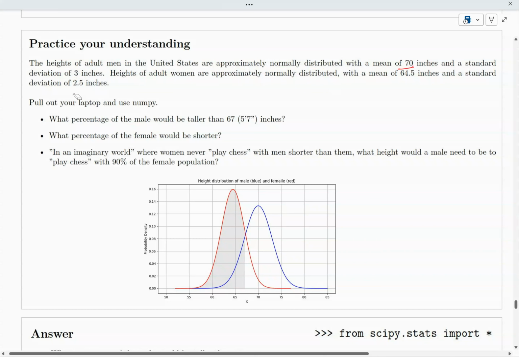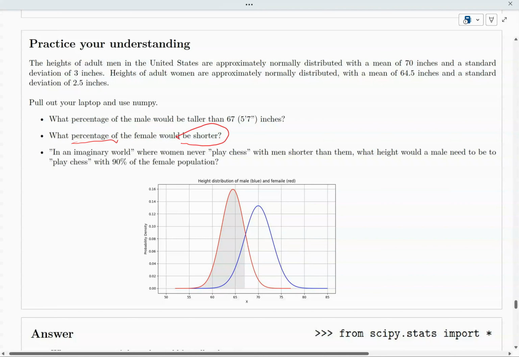An average female is 64.5 inches with a standard deviation of 2.5. Now let's use what we learned so far. Power up your laptop with NumPy and see what percentage of males will be taller than 5'7". Second, what percentage of females will be shorter than 5'7"?